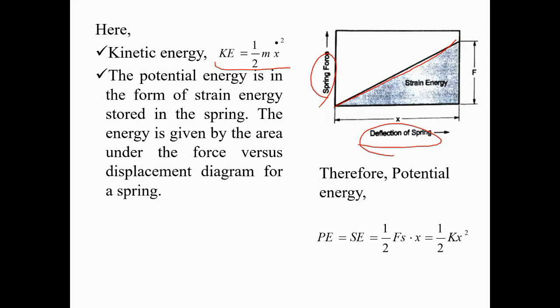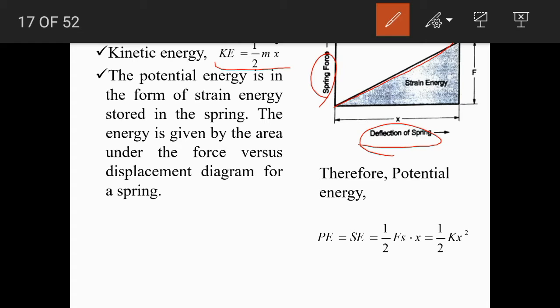Whenever a body is deflected through a certain distance, the total strain energy stored in that body due to elasticity can be found by finding the area below this curve.